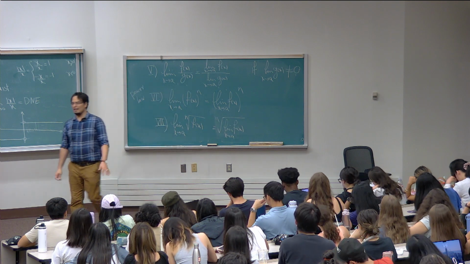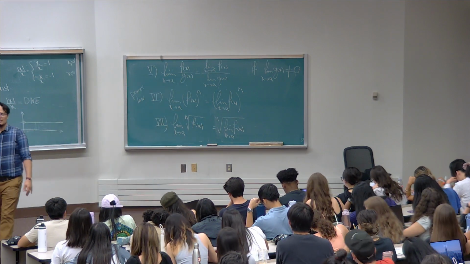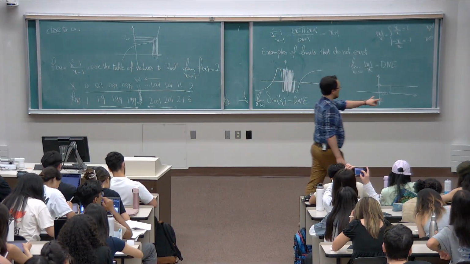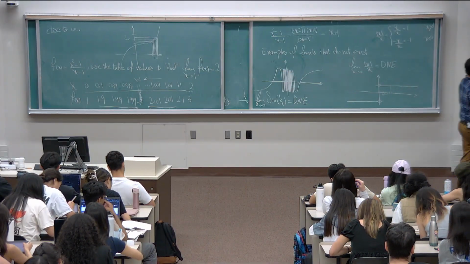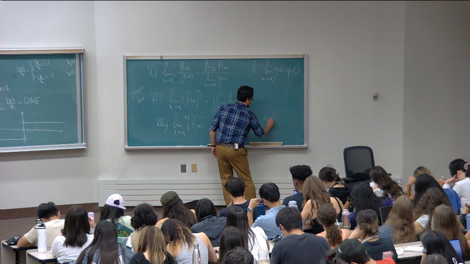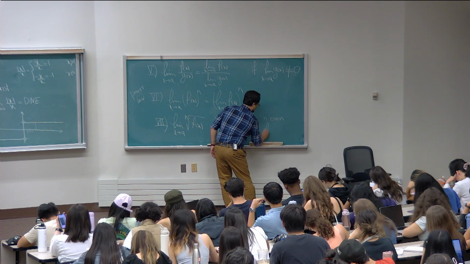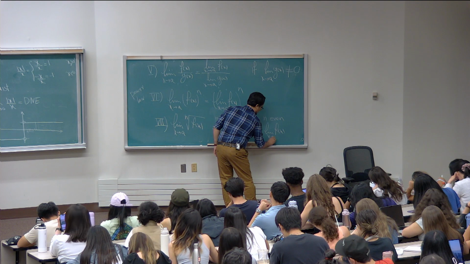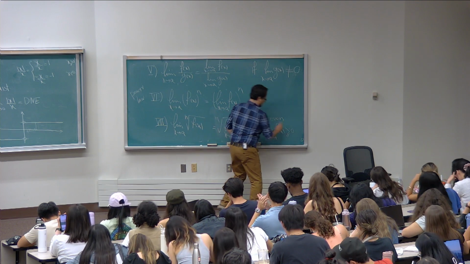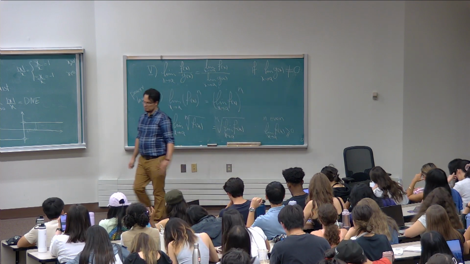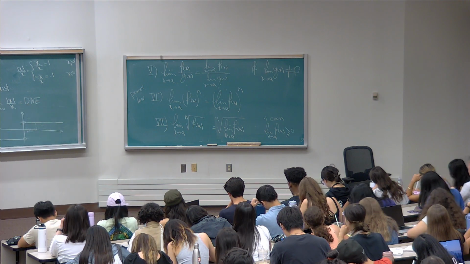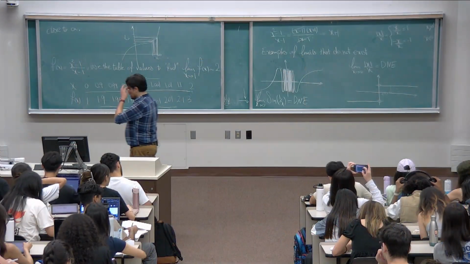No, this time, this is good. There are cases that we have to be careful when n is even, then we have to make sure that the limit of f of x as x approaches a is bigger than or equal to 0. Remember the restriction for even roots. We cannot put a negative number in.